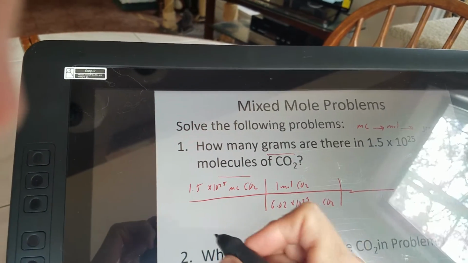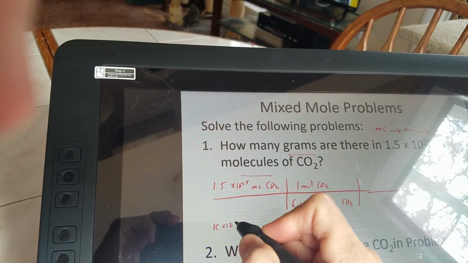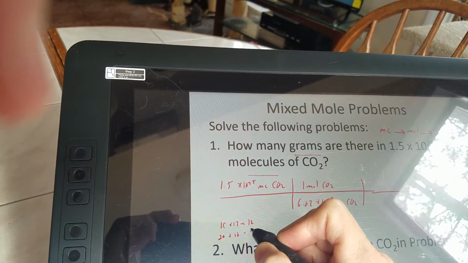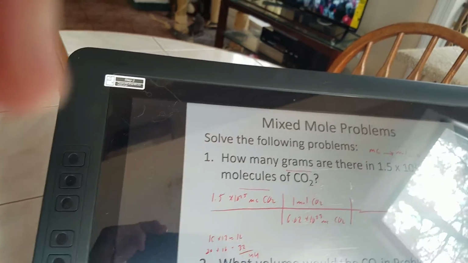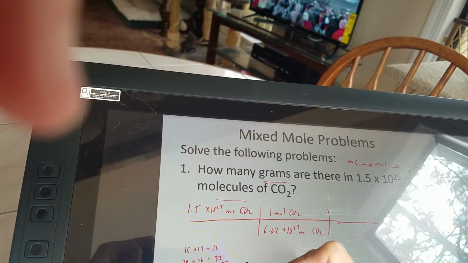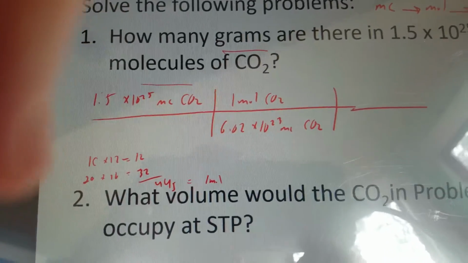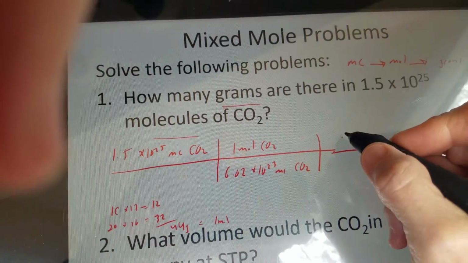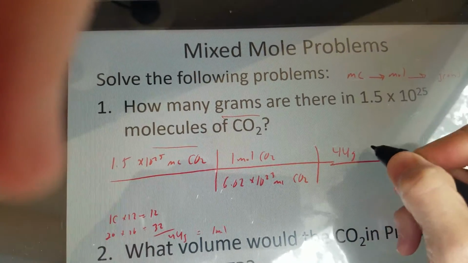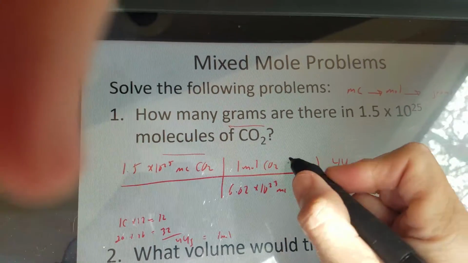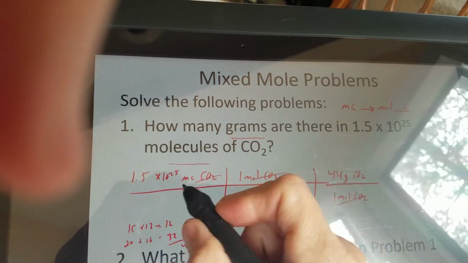And then we know we have 1 carbon at 12. We have 2 oxygens, each at 16, for a total gram formula mass of 44. So that 44 grams is equivalent, remember, to 1 mole of that substance. Since we want to go to grams, we want to put our 44 grams on the top to our 1 mole down here. Moles of carbon dioxide will cancel. Molecules of carbon dioxide will cancel.